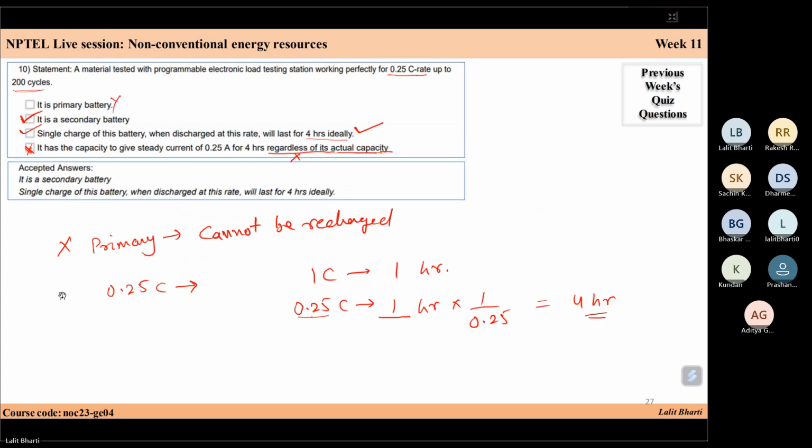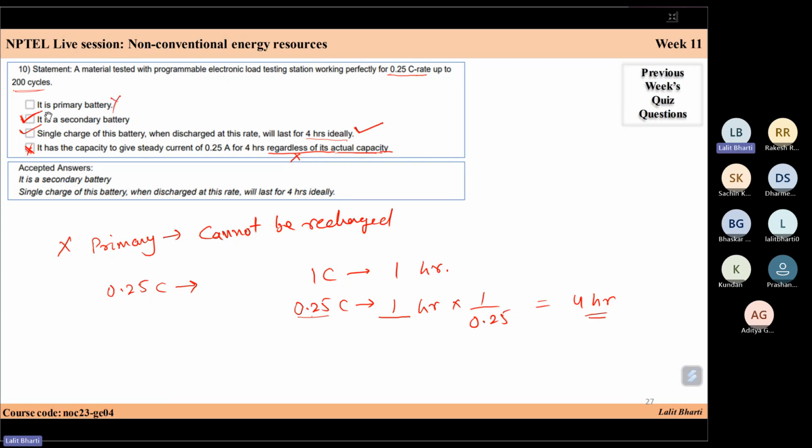Thank you for suggesting the different approach to the question. Thank you, sir. And the 10th question is: a material tested with a programmable electronic load testing station working perfectly at 0.25 C rate up to 200 cycles. If it is a primary battery, that is clearly wrong.